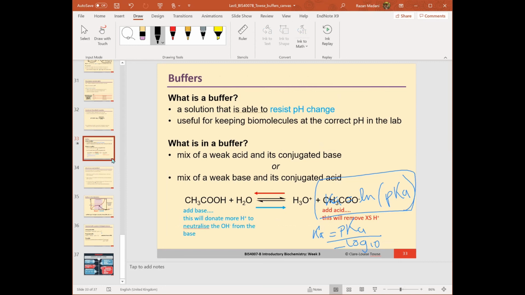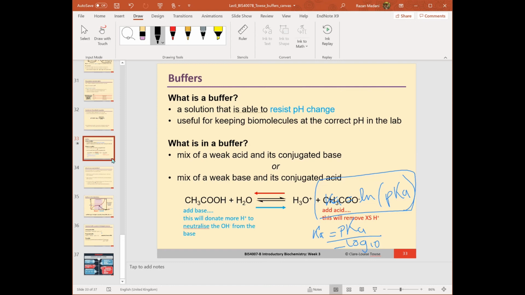So what is a buffer? A solution that is able to resist pH change, useful for keeping biomolecules at the correct pH in the lab. And I'm sure we have that in our stomachs as well, because when it gets too acidic, something else is released to buffer it, like an alkali, so it makes the environment less acidic.